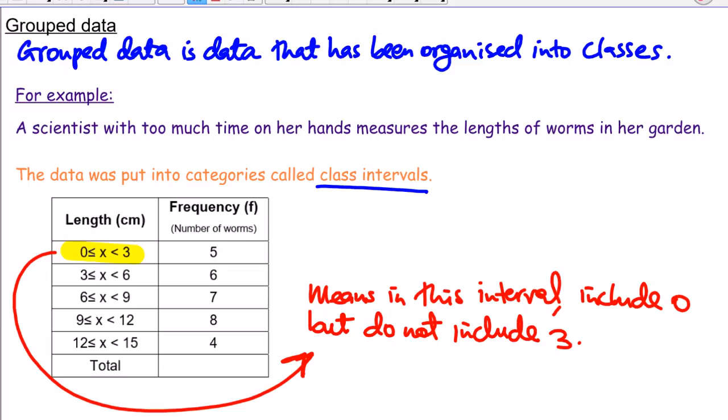So it means in this interval, include 0 but do not include 3.